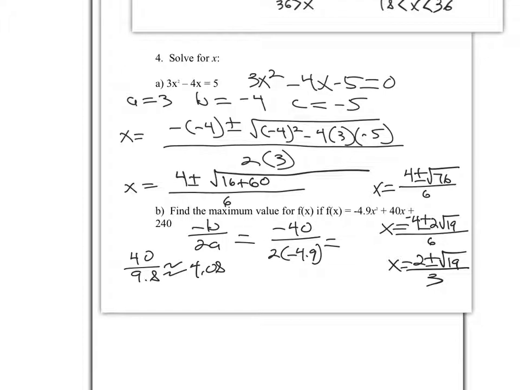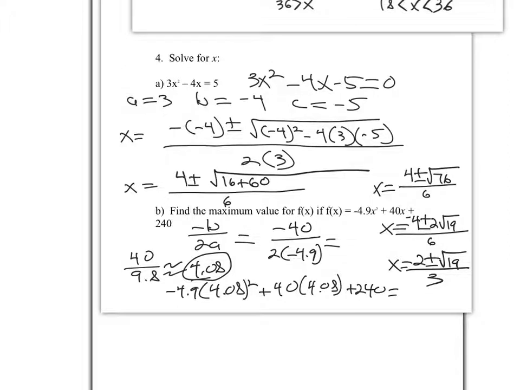So what we can do is now we can substitute in this value, 4.08, in for x. And when we do that, we get negative 4.9 times 4.08 squared plus 40 times 4.08 plus 240.